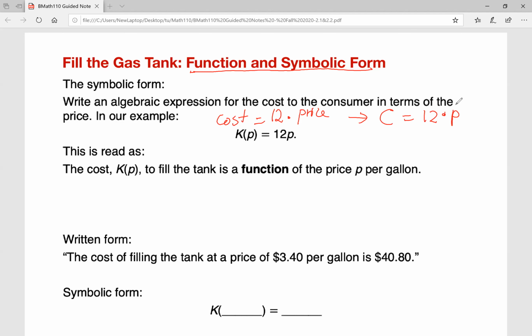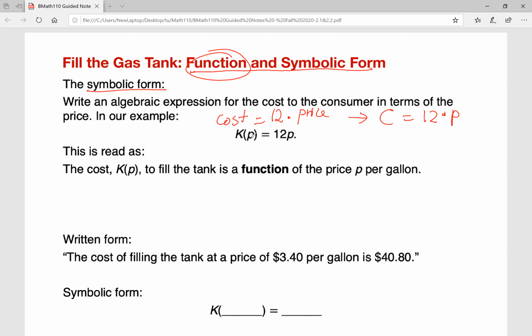But since we are trying to make it a symbolic form of the function, I'm gonna rewrite it as K(p) equal to 12p.